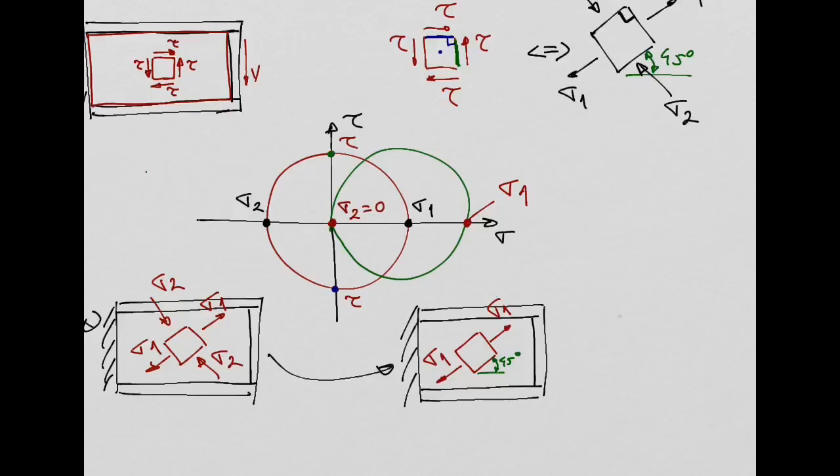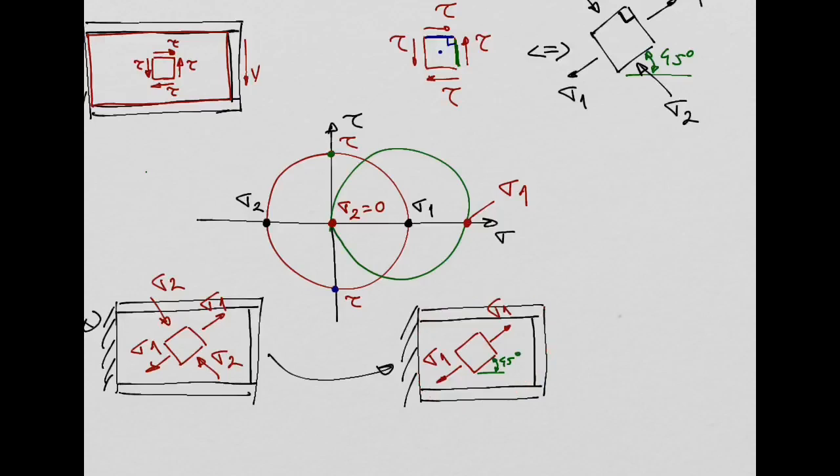In this green circle, we have these 2 points, which is exactly the stress state that you have here in your web, right? Yeah? You have only a sigma 1, and you have the sigma 2 equal to 0, right? So this is what happened.